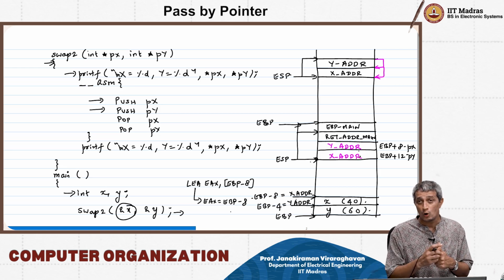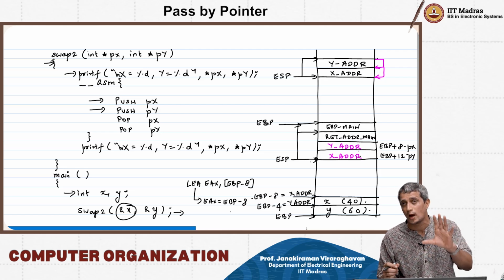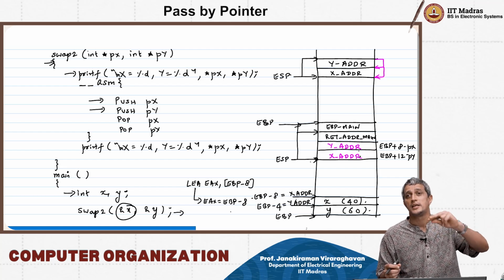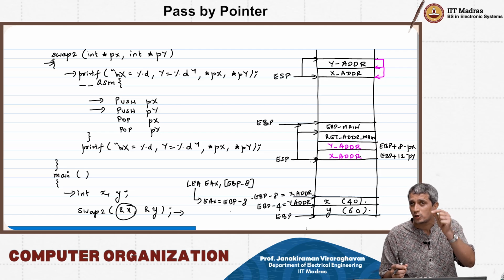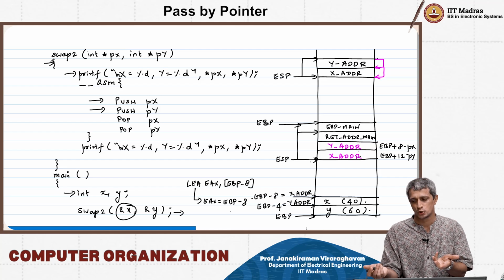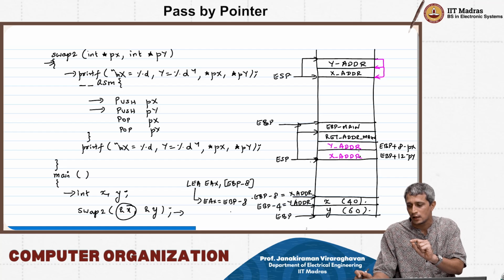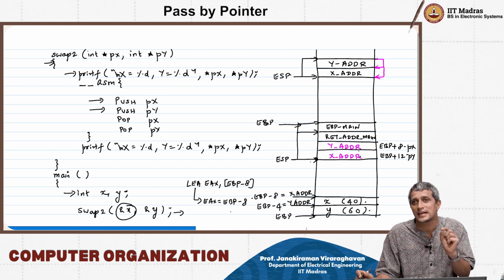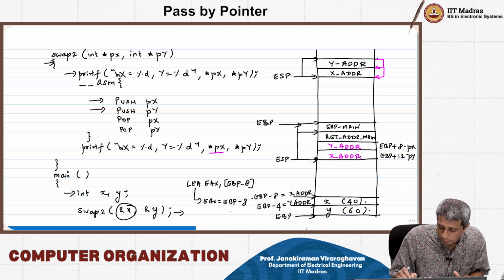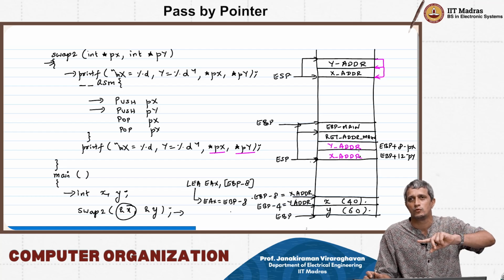So what has got swapped now? Like the earlier case in swap 1, where the function parameters X and Y got swapped, here the two addresses PX and PY as function parameters have got swapped. So PX is now pointing to Y address, PY is now pointing to X address, and therefore when you do *PX, *PY, you will obviously get the reverse values, 60 and 40.